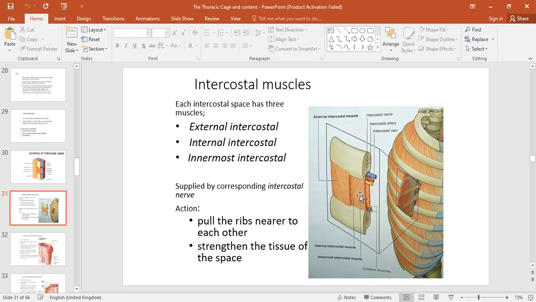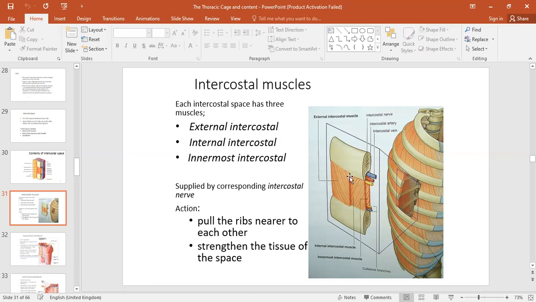So when these muscles contract, they pull the rib cage inwards. So internal intercostal muscle is a muscle of expiration. When you're breathing out, the chest wall should shrink so that pressure inside the lungs increases and air is forced out of the lungs.